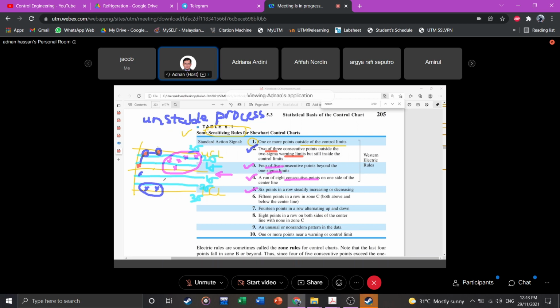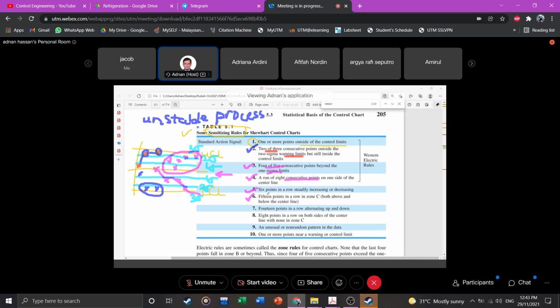If you have 6 points steadily moving down, keep moving down, this is also unstable.